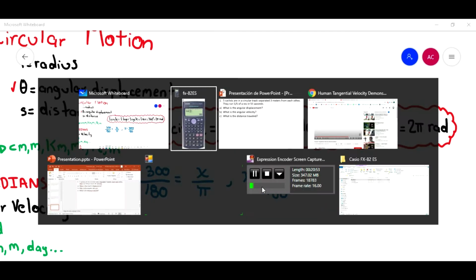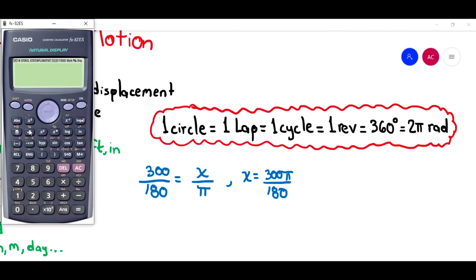So let's do it in the calculator. Fraction 300 pi over 180. How much is that? Those are the radians. That is the angular displacement.